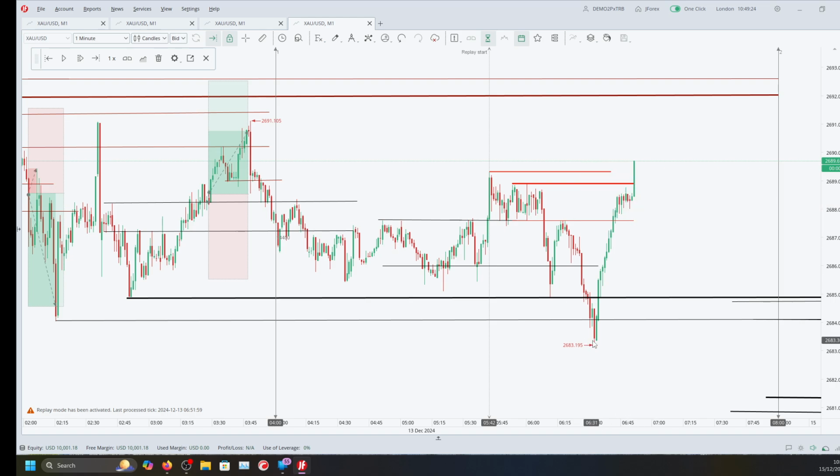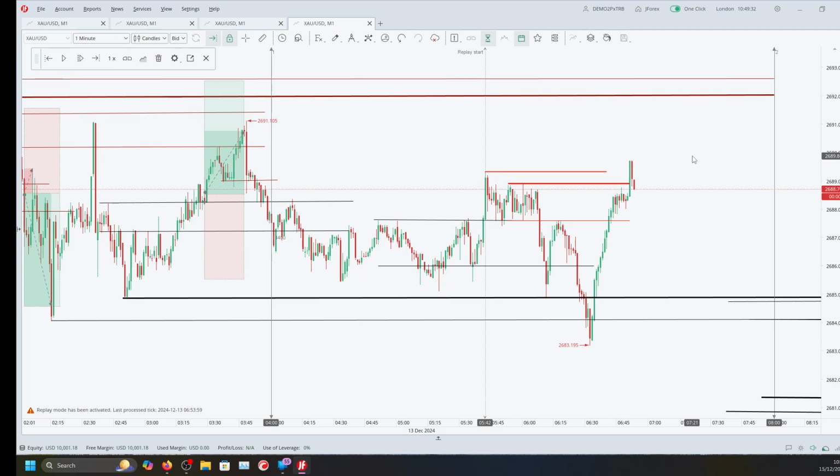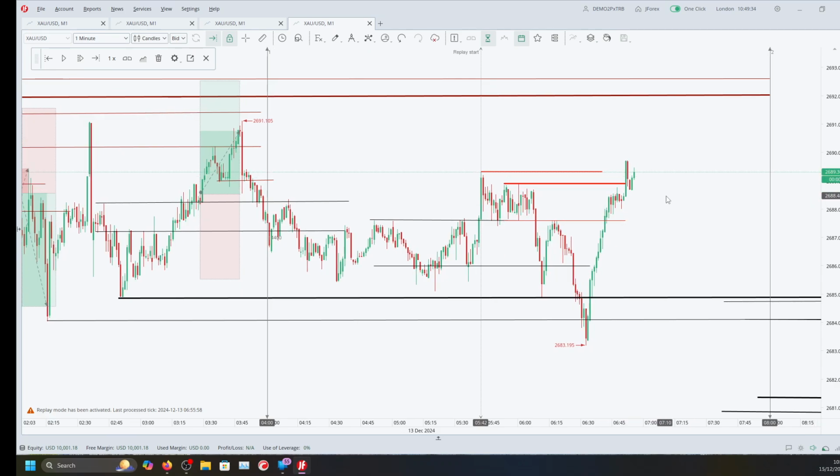Now I'm seeing price rejecting hard from here. Then I'm thinking now price is going long, and that got me into going long, which isn't a good place to be taking a long. I should never be taking a long trade after a run up like this. It's easy in hindsight.